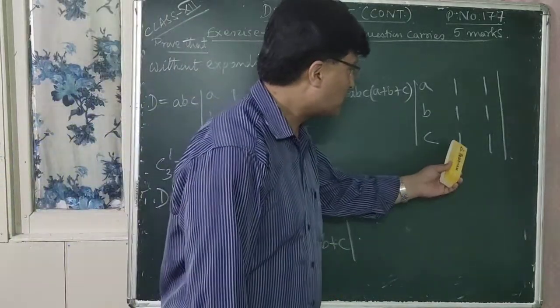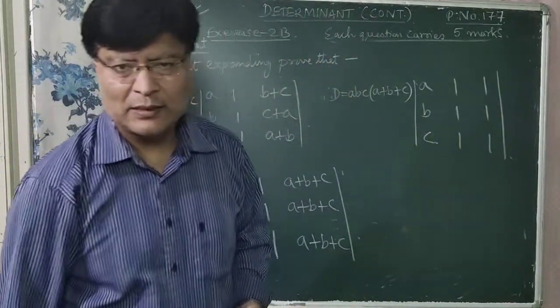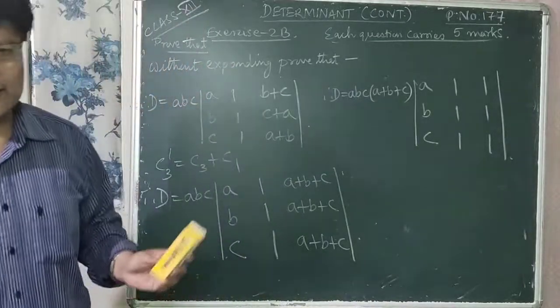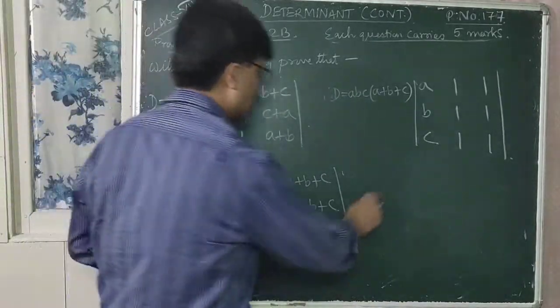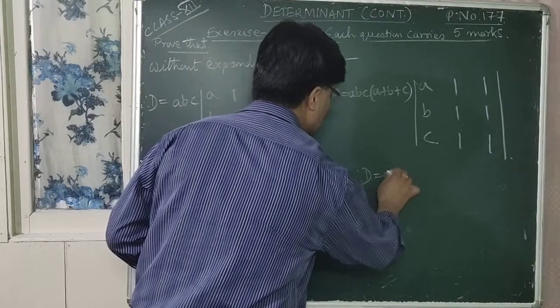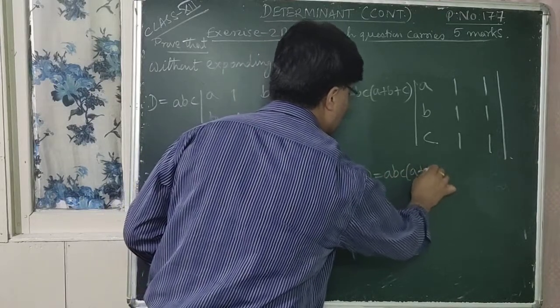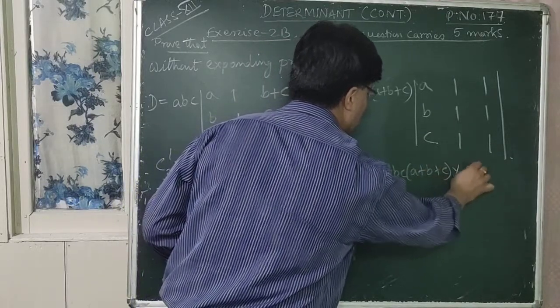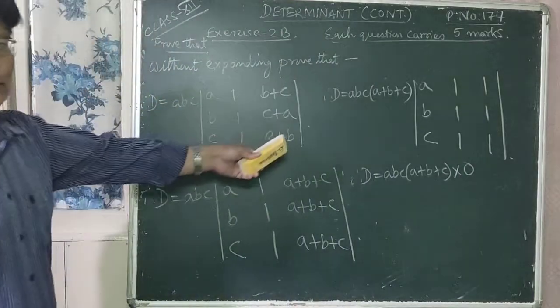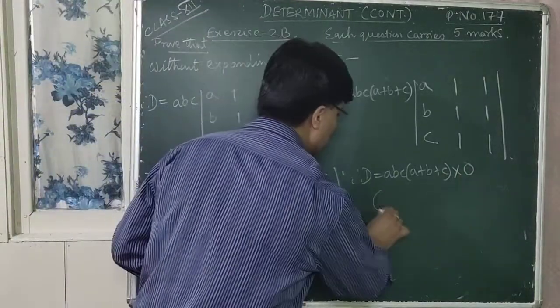So now, these two columns are identical. If the two columns are identical, we know that the value of the determinant is always 0, right? So therefore, D is equal to ABC within bracket A plus B plus C into what is the value of this determinant? It is 0. So what is the reason?